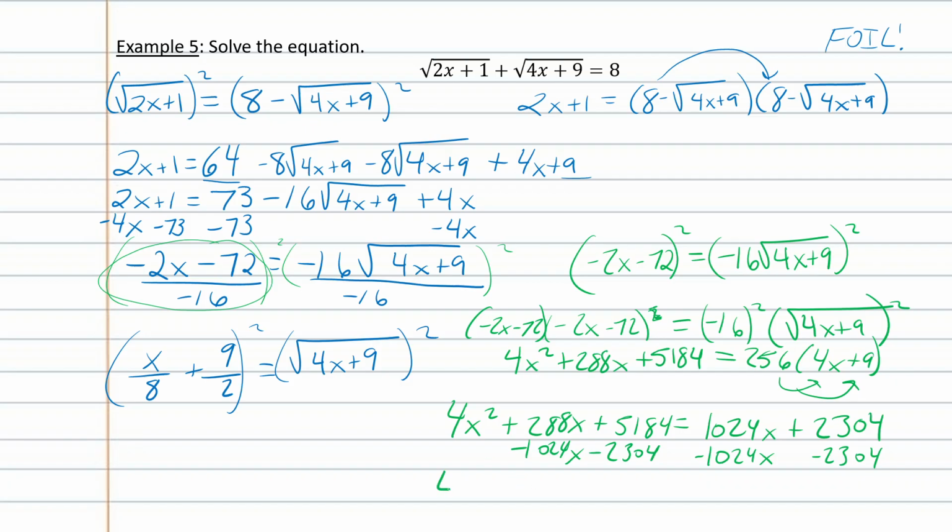So that I get a simplification that looks like this. Okay, got to do a little math here. 288 minus 1,024 gives me a negative 736x. And then the 5,184, if I subtract 2,304 from it, I get a positive 2,880 equals 0.